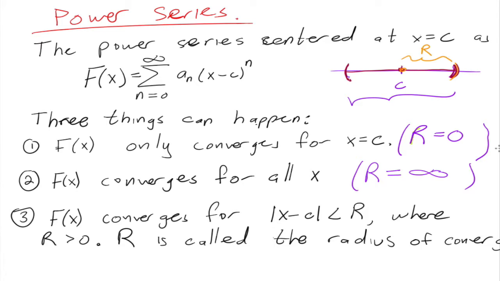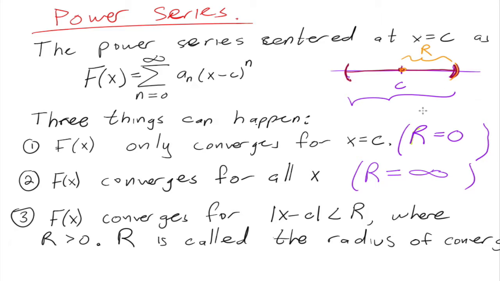If it's not inside and it's not outside, it's on the edge, right? So what about the endpoints? Does it converge right at the exact point before you jump over the edge? What about right there?